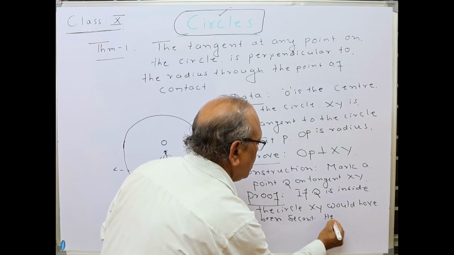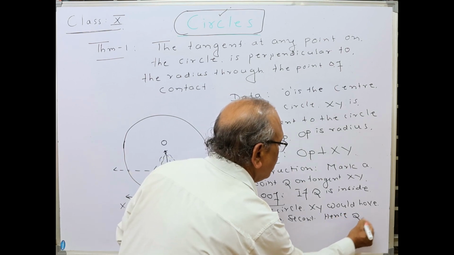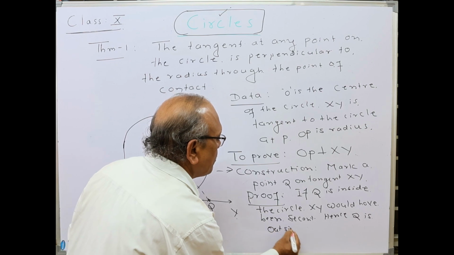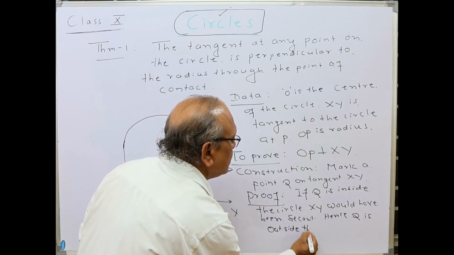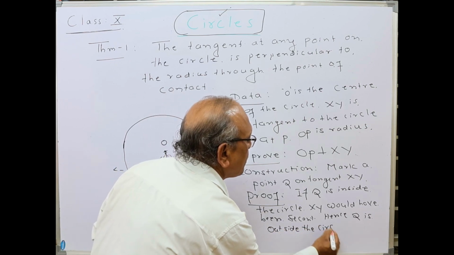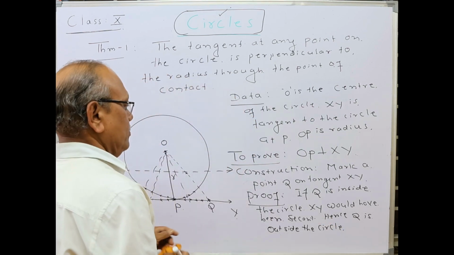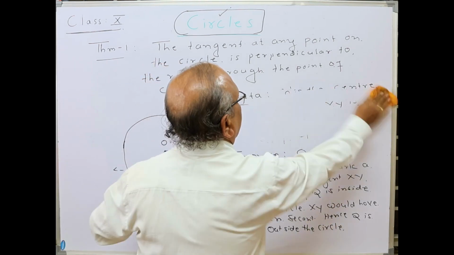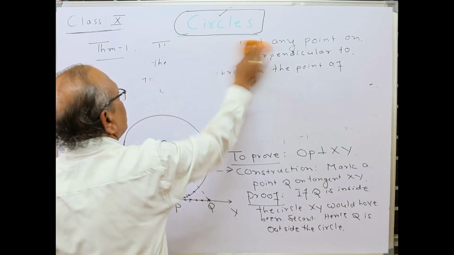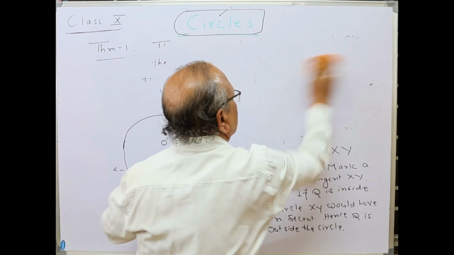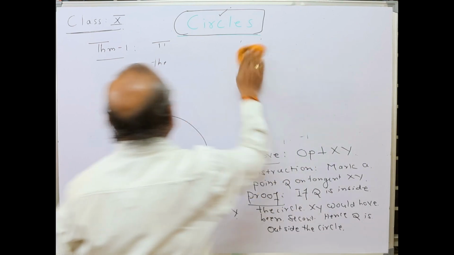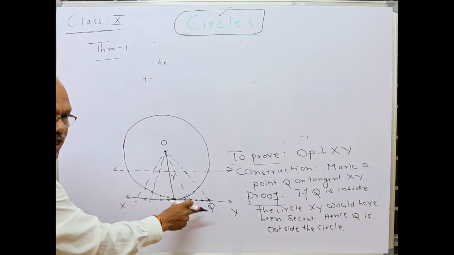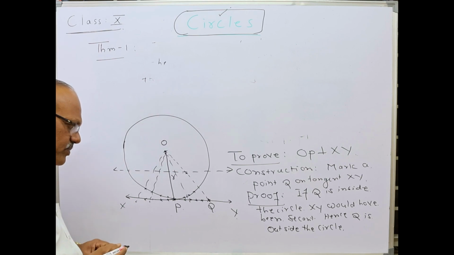Hence, Q is outside the circle. I will rub this part and continue the proof here. You just have to write logically, no mathematical work is needed. Q is outside the circle.